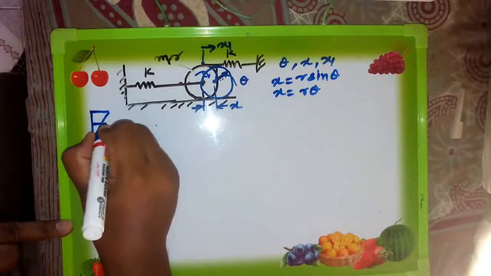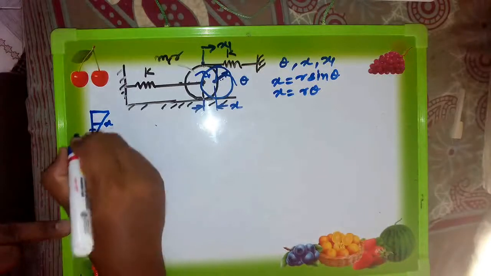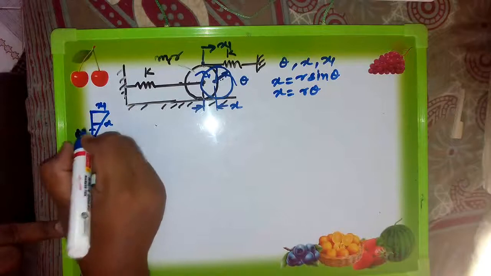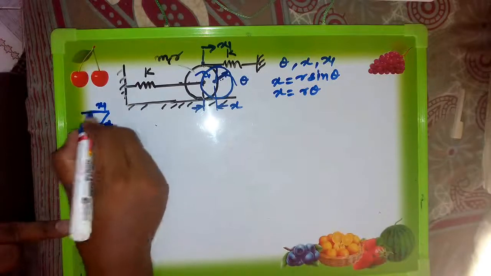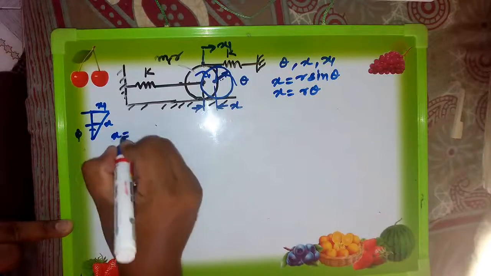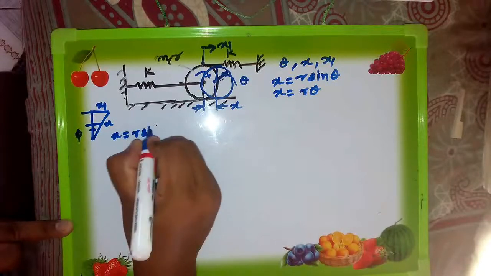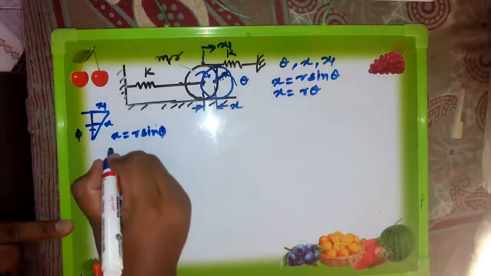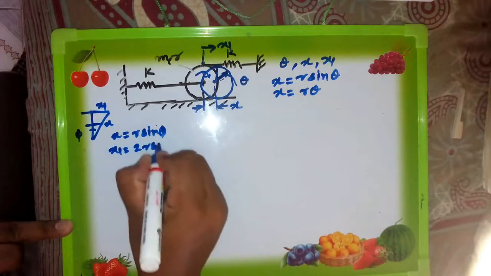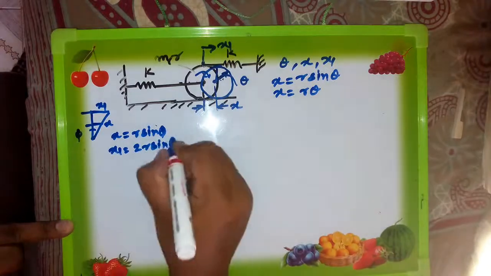Now in our case, this is the displacement x, let the angle be phi, okay, and this is x1. Now this distance is the radius and this distance is the diagonal. So from this can I write down x is equal to r sine phi, let it be. So what is the value of x1? x1 is equal to 2r sine phi.